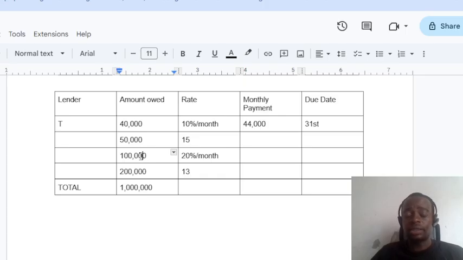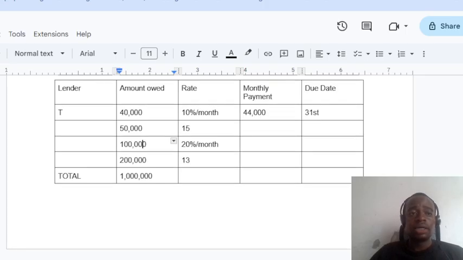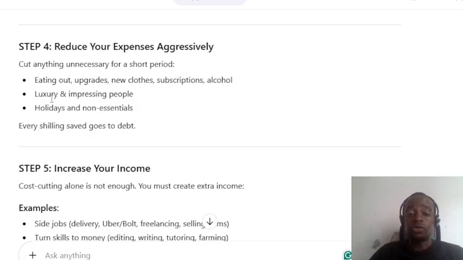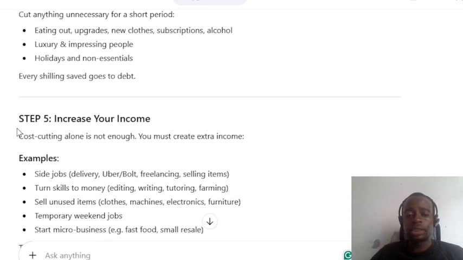But I think the main advice right here is that you should ensure that every shilling saved goes towards paying debt. Remember, these debts are accruing at a certain rate every single month, so you don't have much time to pay the debts, right?